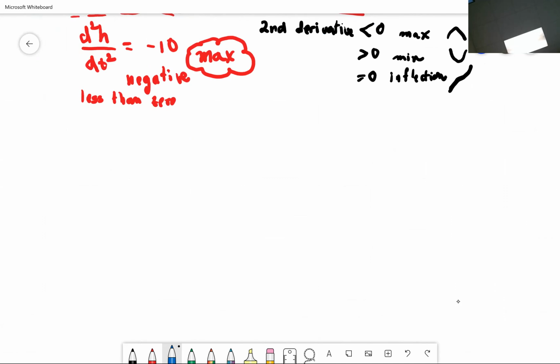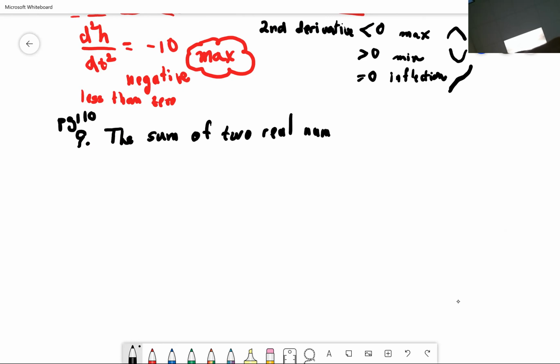Let's take a look at another problem. I think you'll like these problems because they're useful. All right, this is page 110. The sum of 2 real numbers, X and Y, is 12.